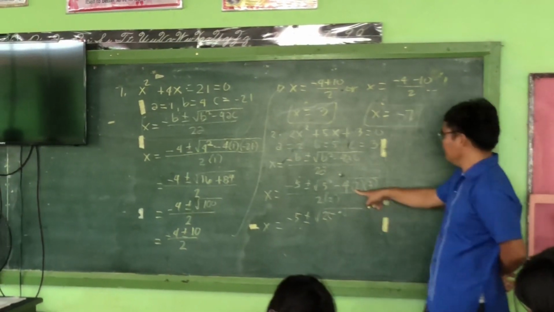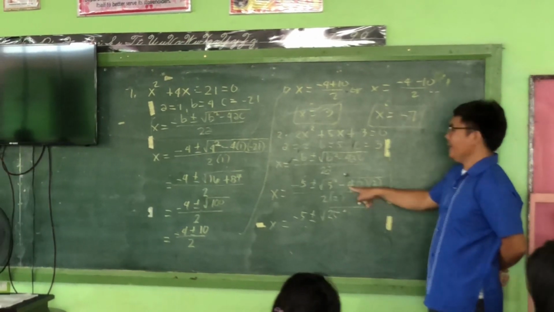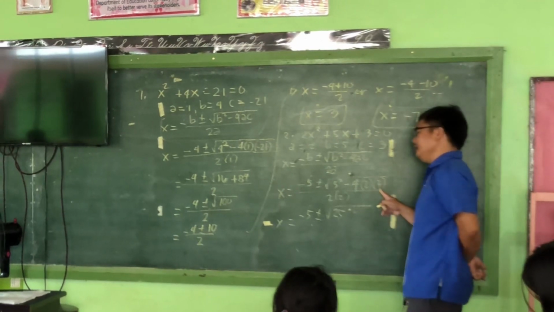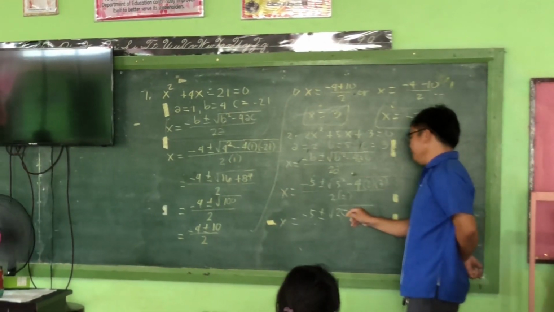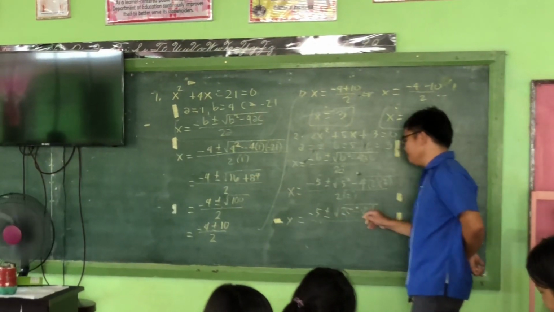Negative 4 times 2 is negative 8, negative 8 times 3 is negative 24. So 25 minus 24, over 2 times 2, which is 4.